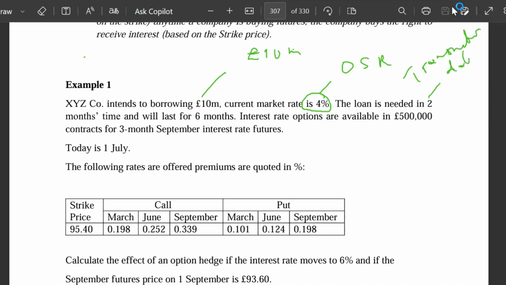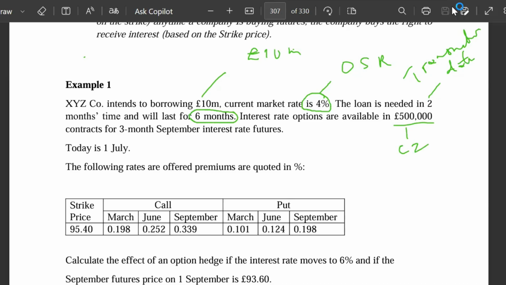And the 6 months is the loan tenor. Interest rate options are available in 500,000 pounds sterling. This is the contract size.